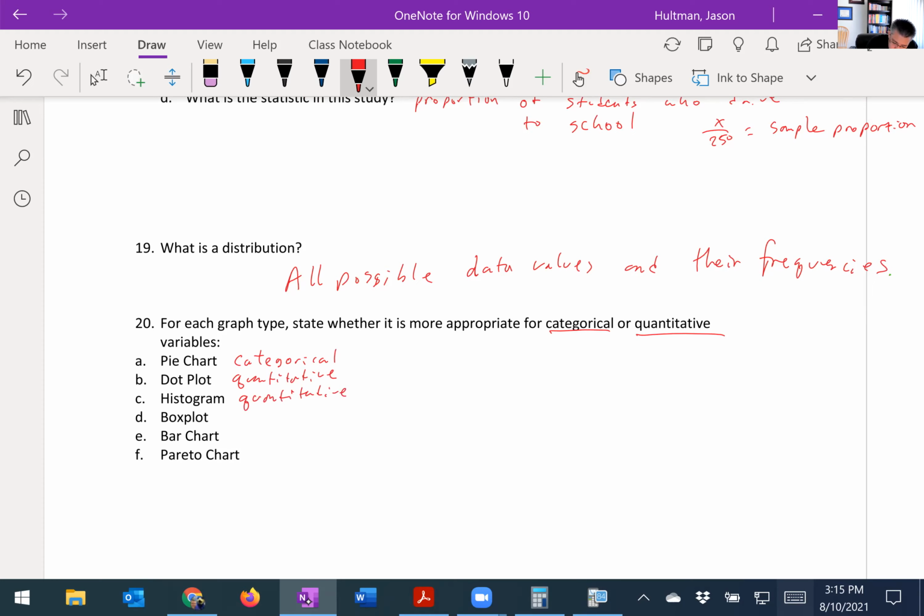Okay, a box plot is quantitative data. Okay, a bar chart is different than a histogram in that it's categories. It's like green or blue or red. And a Pareto chart is just a bar chart that starts high and goes low. It's an ordered bar chart, so that's categorical.